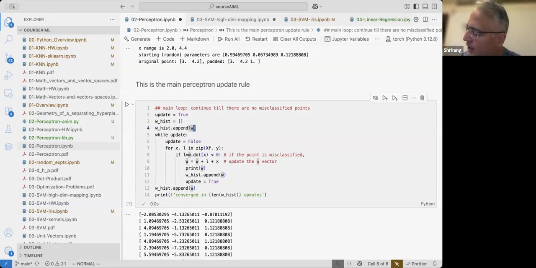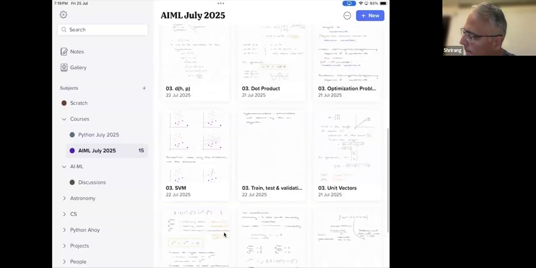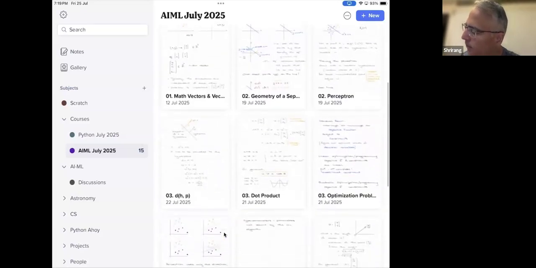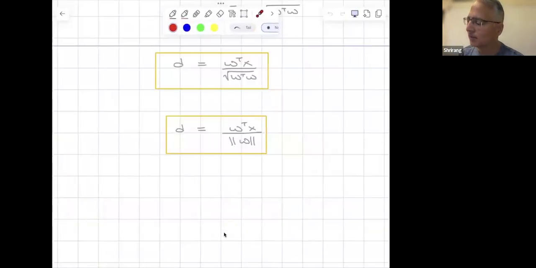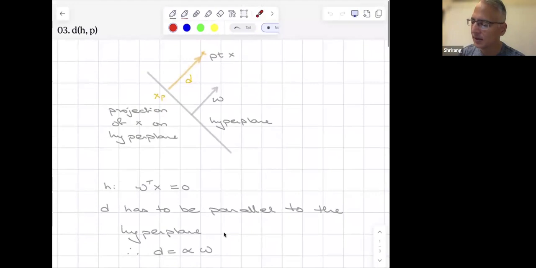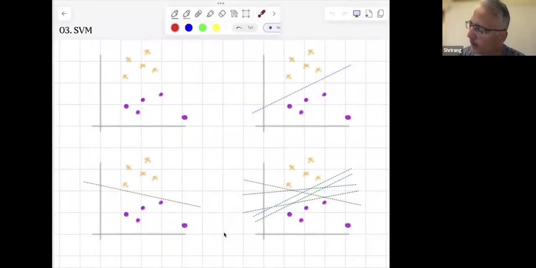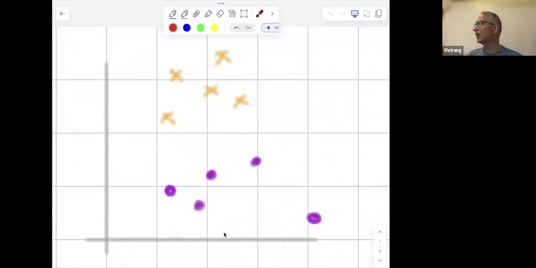Okay. And I'm actually going to talk first about a little bit of math. The motivation for SVM is something that Rohit mentioned last time. I have a data set like this, and I'm trying to do a classification.